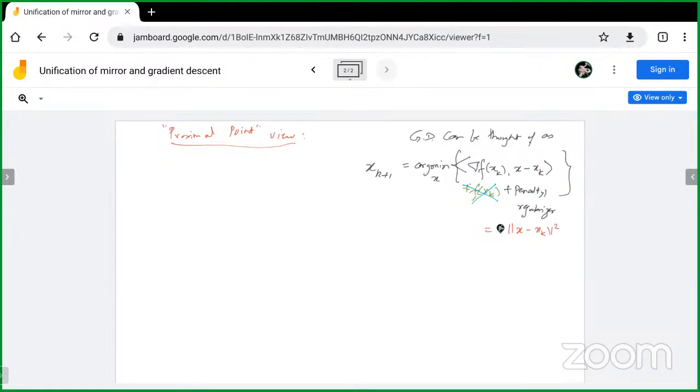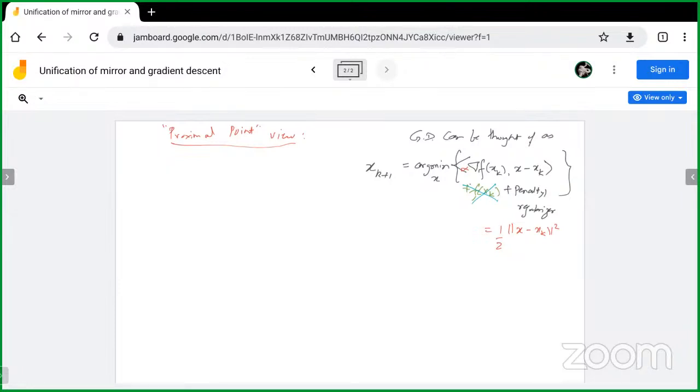And maybe I can put some learning rate somewhere, so I don't have to weight these two terms equally. I can weigh them differently. So maybe I put some alpha somewhere. So that's what I want to do. And let's see how you will do that.